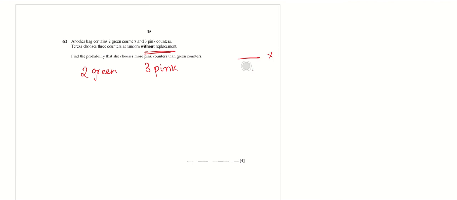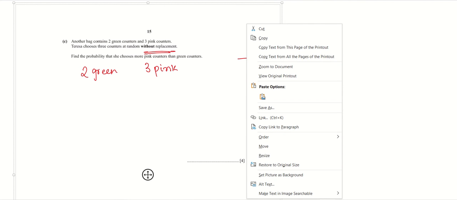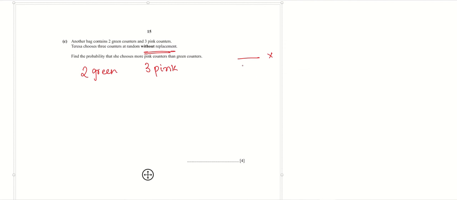Imagine this is n. It will be subtracted by 1, n minus 1. Again, it will be n minus 2. Because she's not replacing it, she's not keeping it back, right? So find the probability that she chooses more pink than green counters.